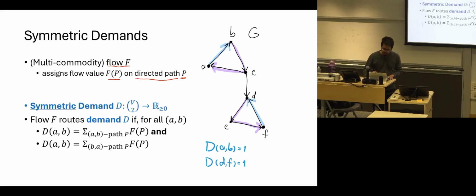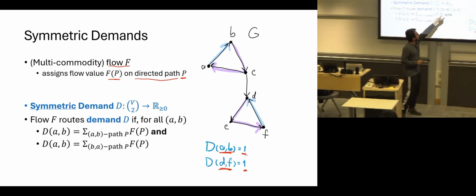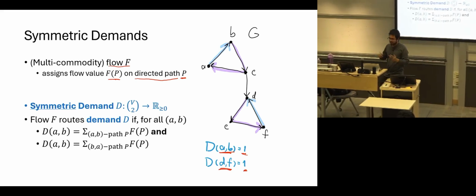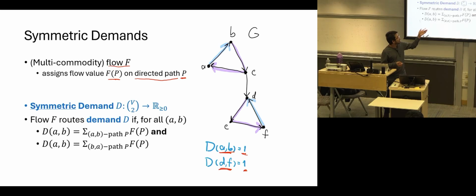For example, say the demand between A and B is 1, and the demand between D and F is 1. Then the flow that consists of the blue path and purple path routes this demand.